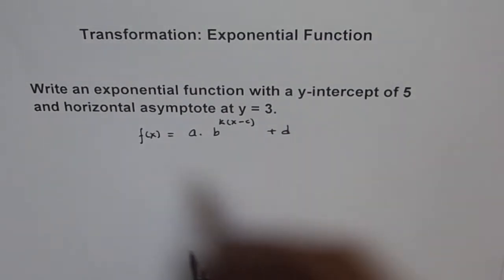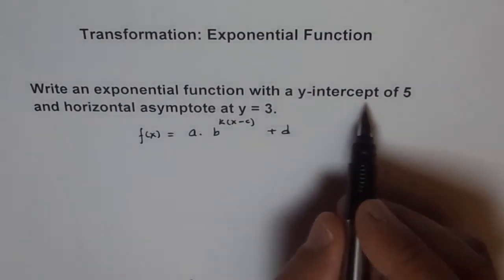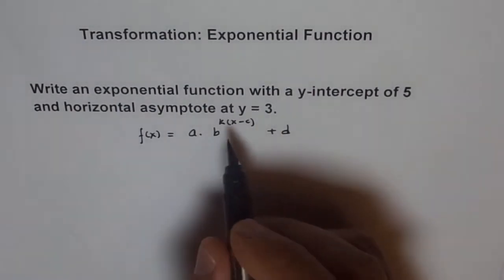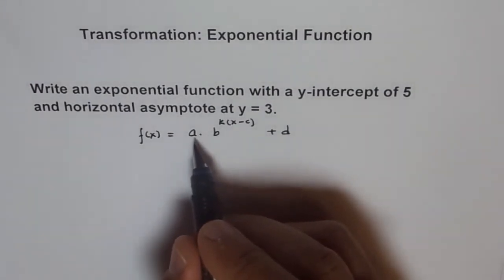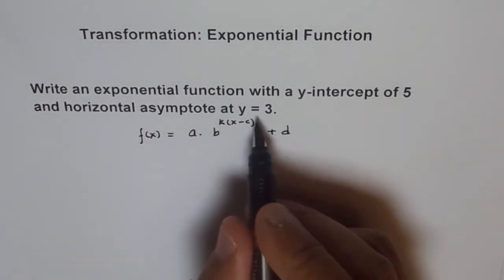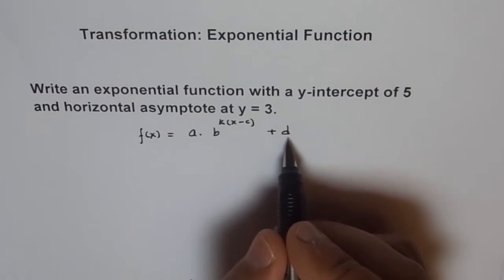Now here, we have a y-intercept of 5. That means if I plug in x equals 0, I should get 5. And the horizontal asymptote is y equals 3. d also defines the horizontal asymptote.